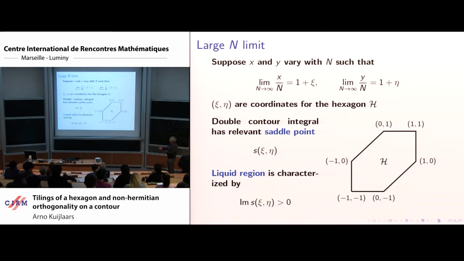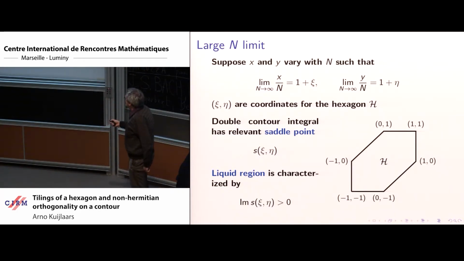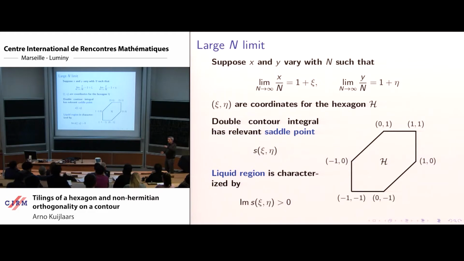So what we can compute is a so-called saddle point for the double contour integral, which will depend on psi and eta. As is usual in these kinds of models, there will be a number of saddle points, but there will be a relevant saddle point which is either in the upper half of the complex plane, or not, right?